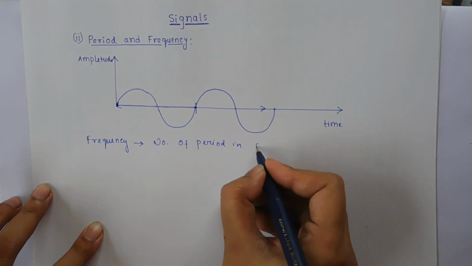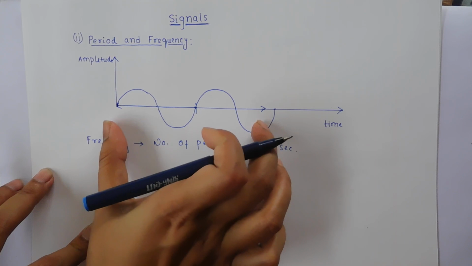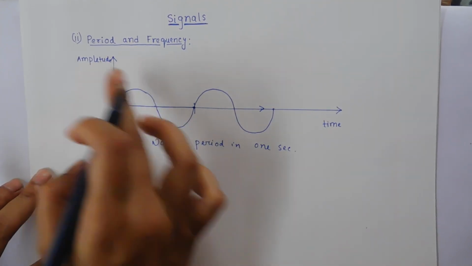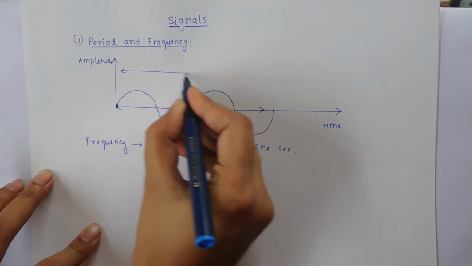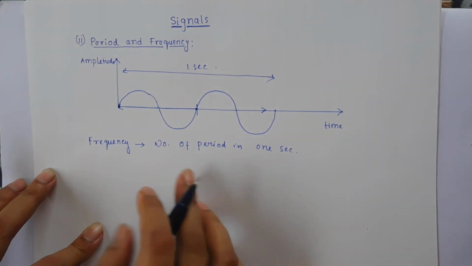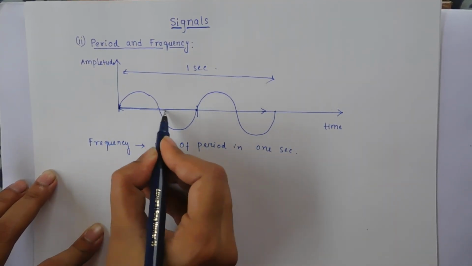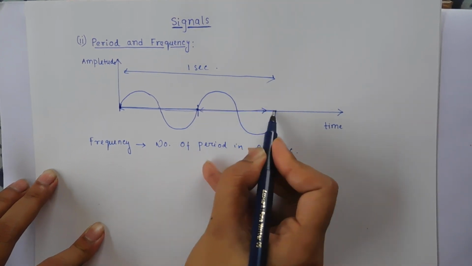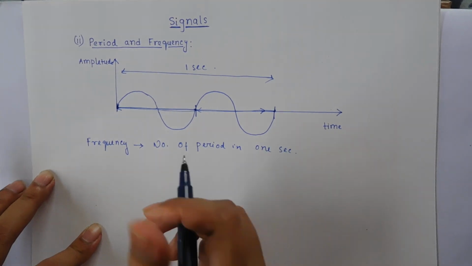in 1 second. Suppose in this axis it measures amplitude, and in this axis this is time. Suppose this is 1 second. Now in 1 second it completes 1 and 2 full cycles. So this is the frequency.